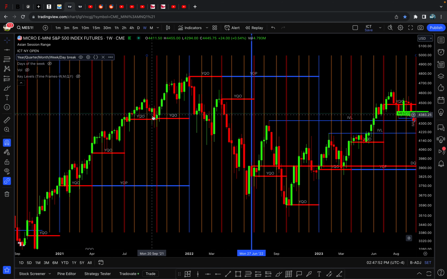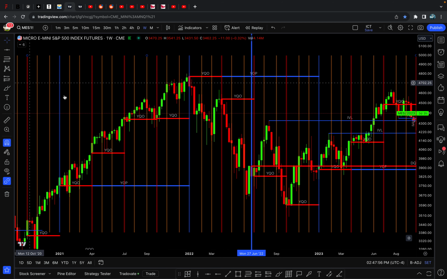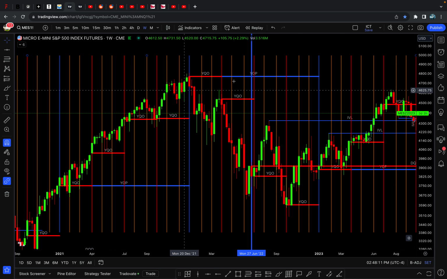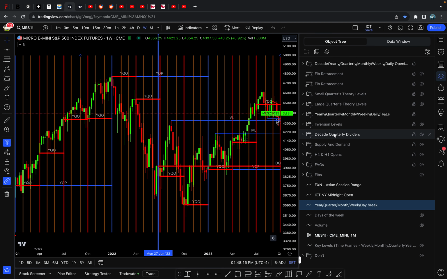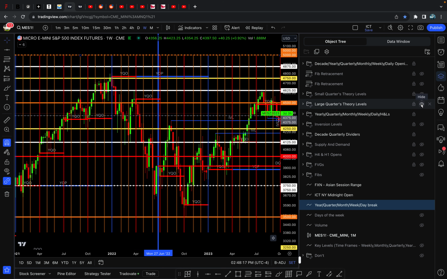So that quarter rejected off of that 45,000 level. But look what happens in the next quarter. It starts off down here in the first quarter, boom, closes higher, right? So now we get to some huge level here. We need to look and see what level this is real quick.